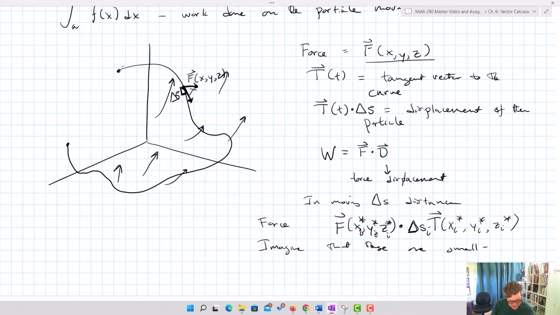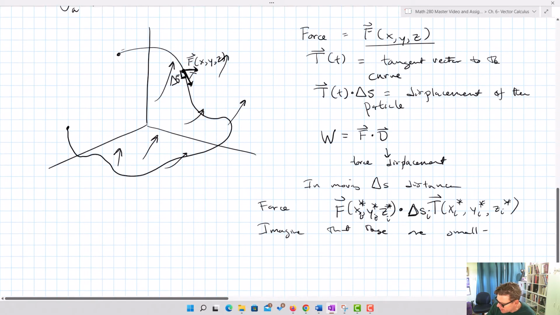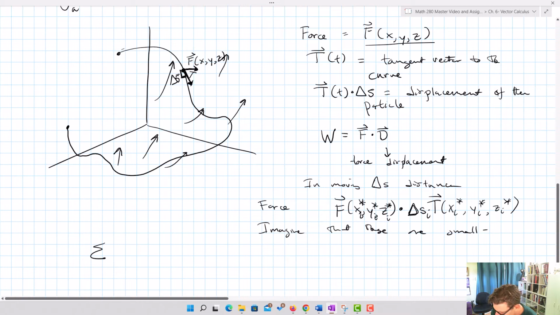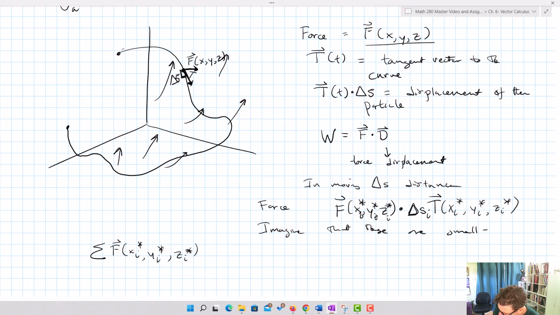All right? And so if we add them all together, we sum up the F of x_i star, y_i star, z_i star, dotted with, and I'm going to pull my scalar out to the back, T of x_i star, y_i star, z_i star, delta s.